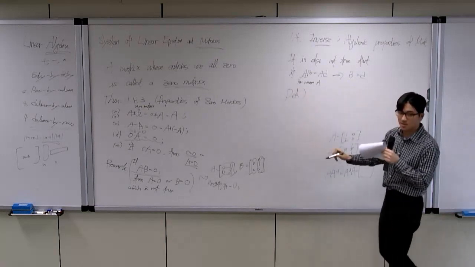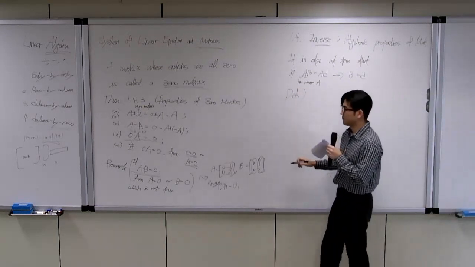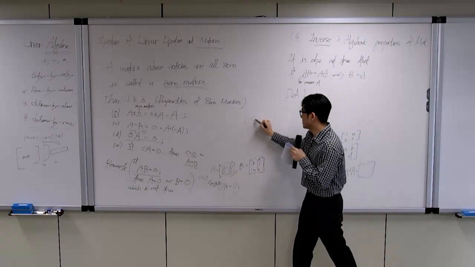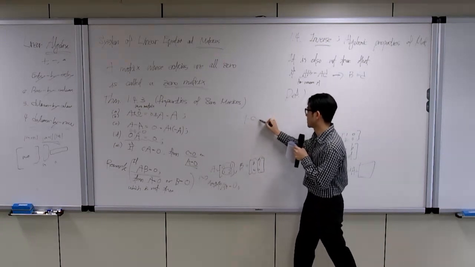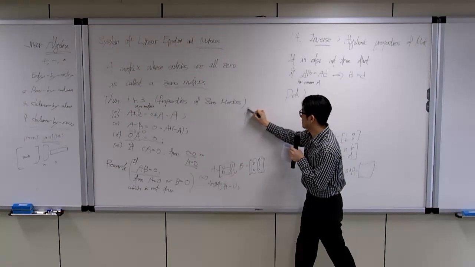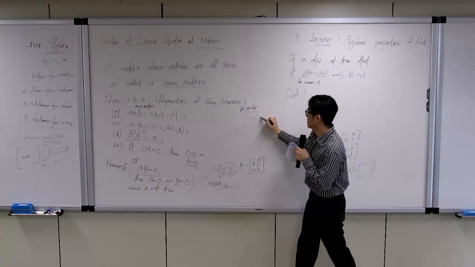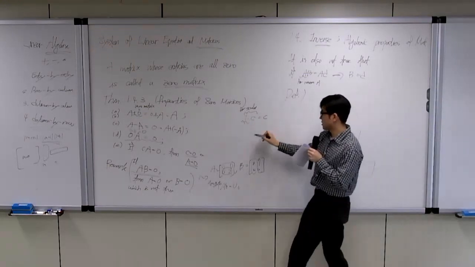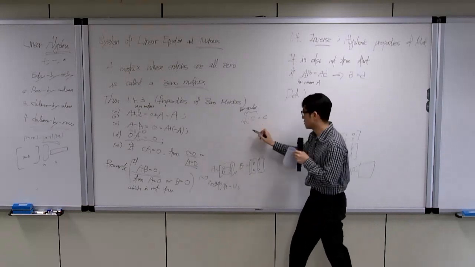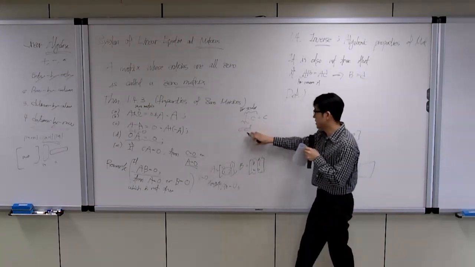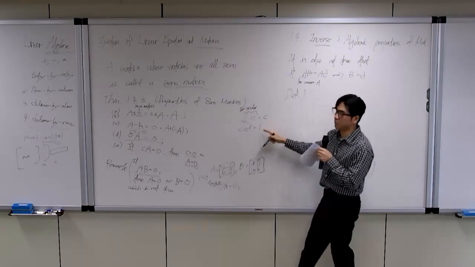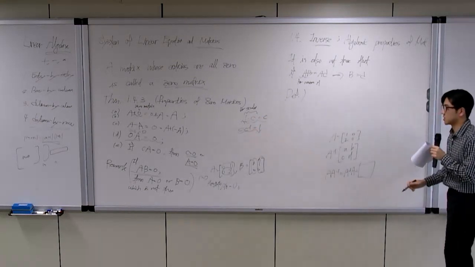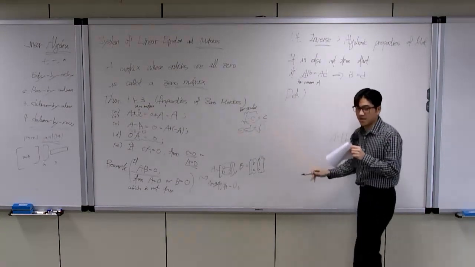In the scalar sense, 1 times c equals c, so 1 does not change c, and also if c is non-zero, then c times c to the minus 1 will be 1. We want to do the same in the matrix sense, so I will define the identity matrix.